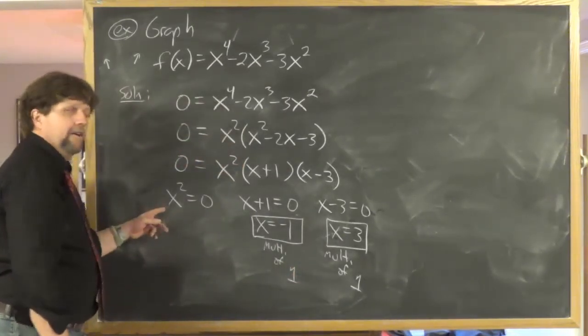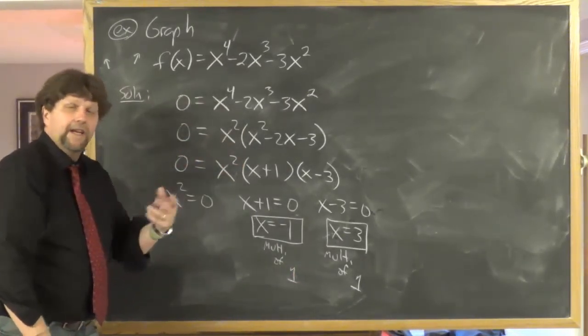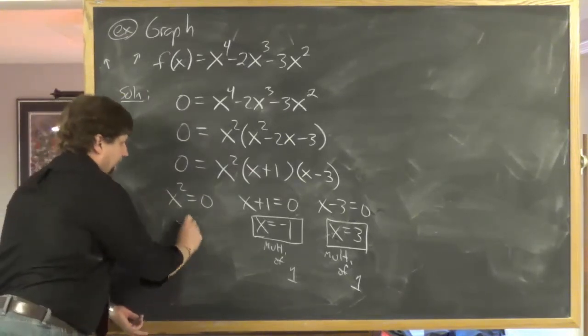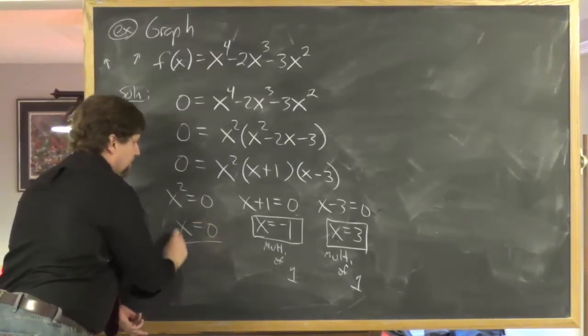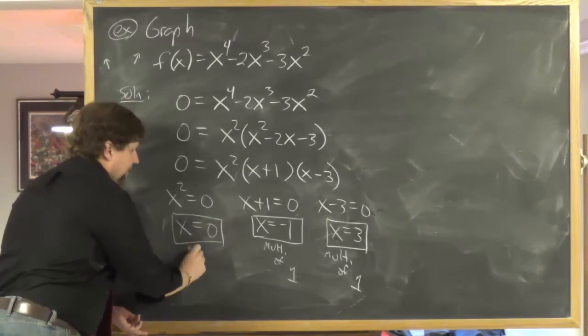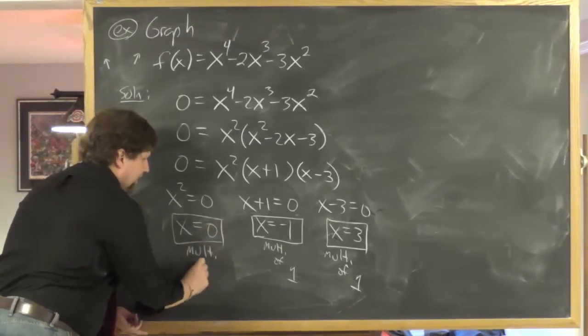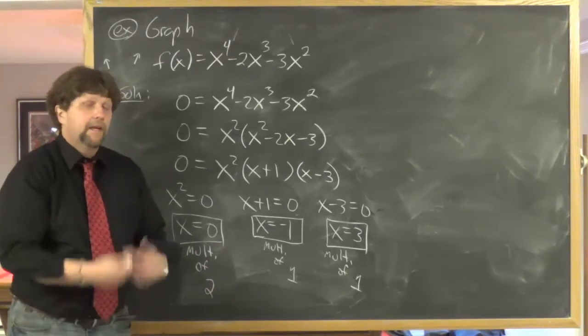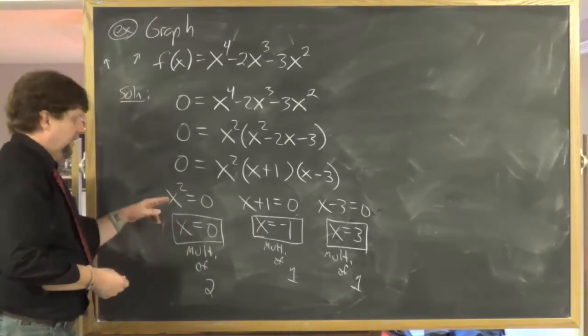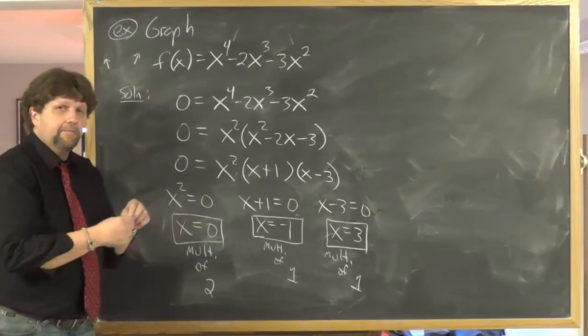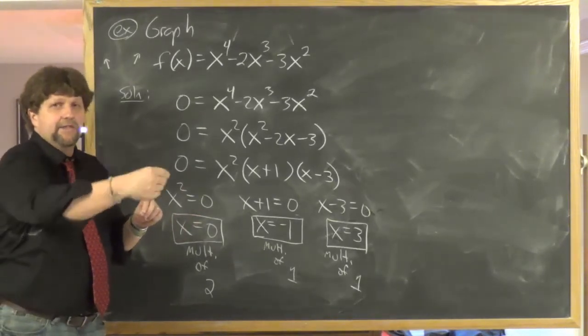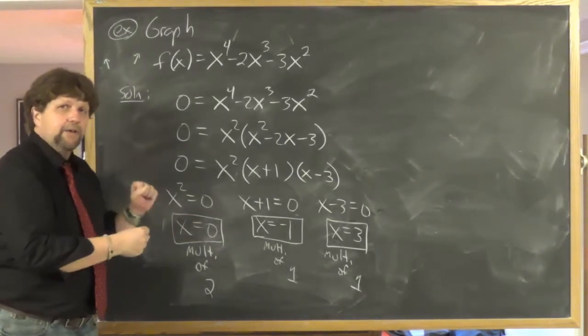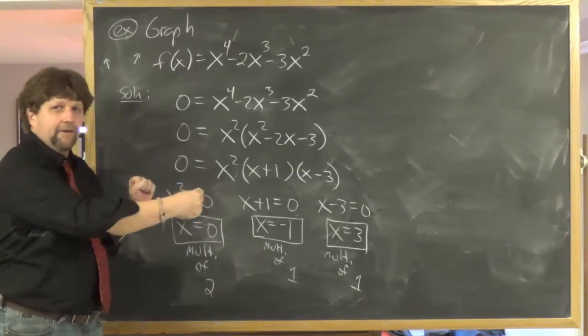And here I get the 0 of x equals 0. But notice this has multiplicity of 2. It occurs 2 times. X squared equals 0 means x times x equals 0, so I would get x equals 0 and x equals 0.